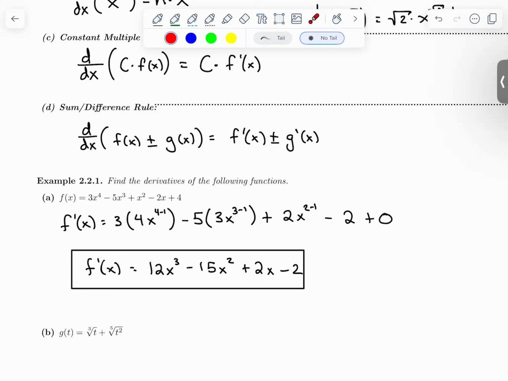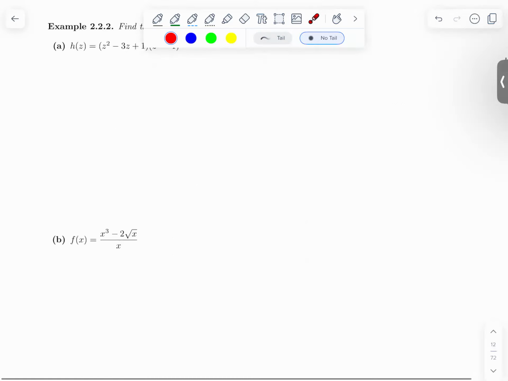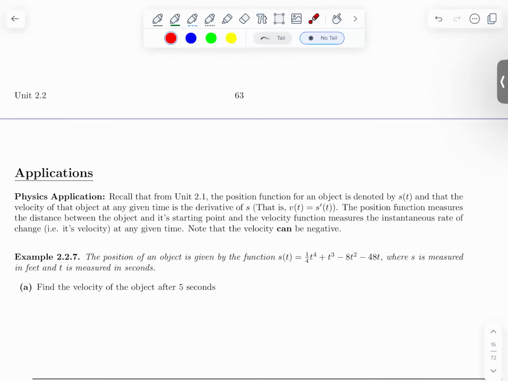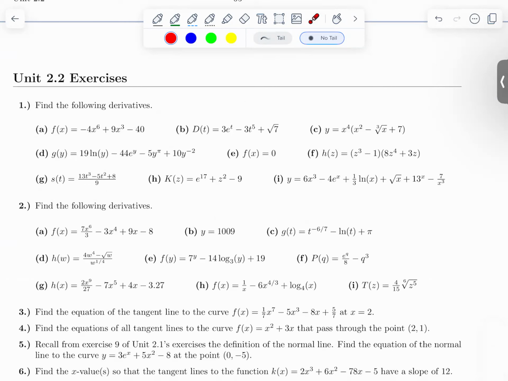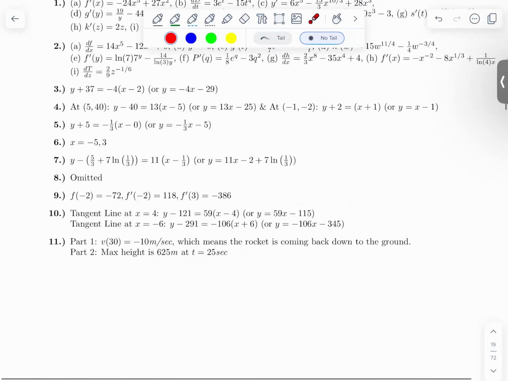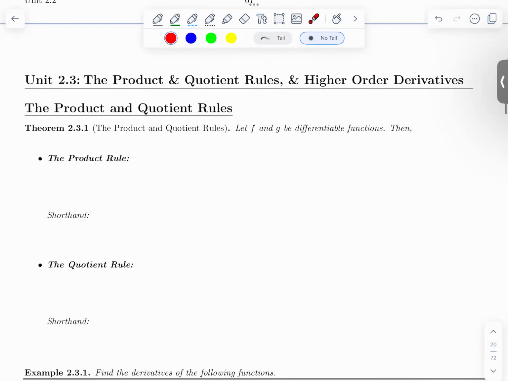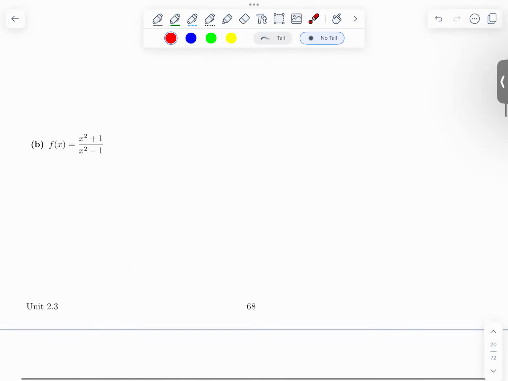This is one of those things, by the way, this right now is where we're going to start snowballing. I want you to go home, please, tonight. Just practice a few. I've got several examples right here that I need you to practice. I really do, because the next section, the product rule and the quotient rule, we're going to be taking derivatives of more complicated things.